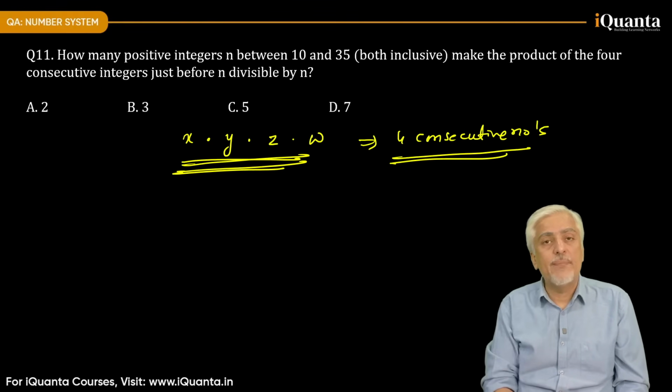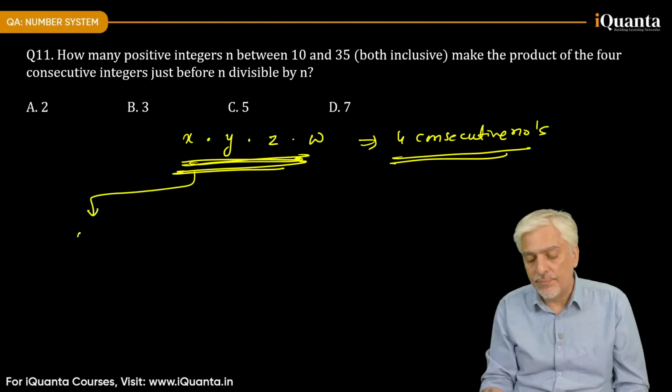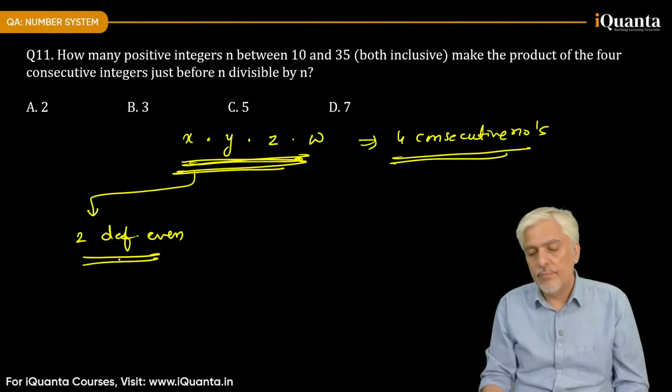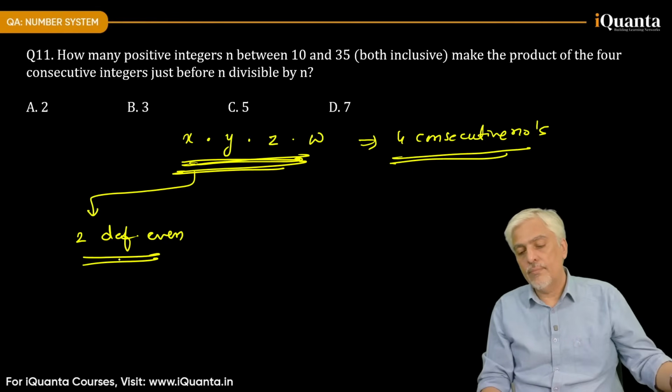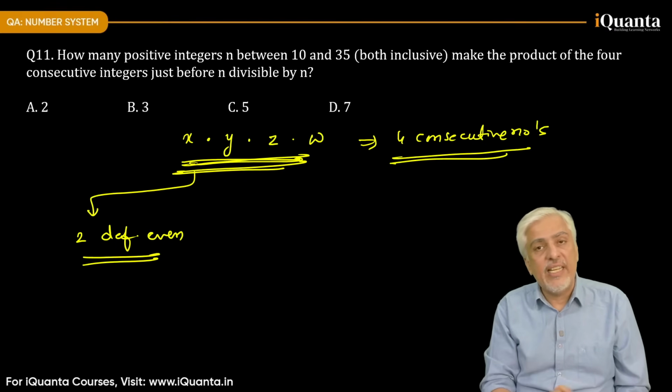Yes or no? Just tell me that much. If I take any 4 consecutive numbers, 2 of them will definitely be even.